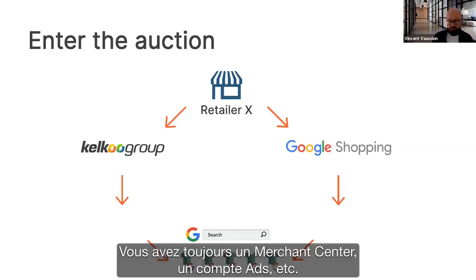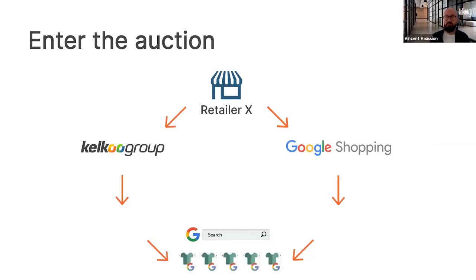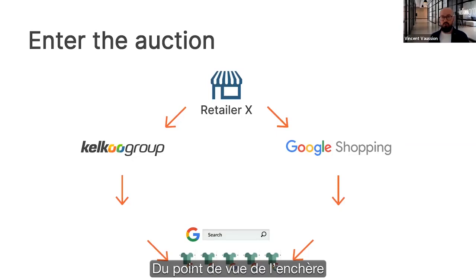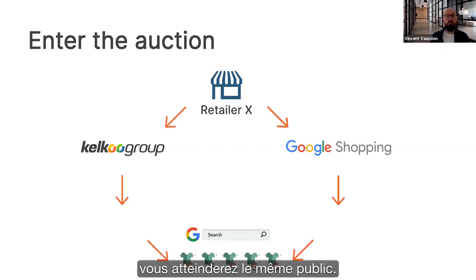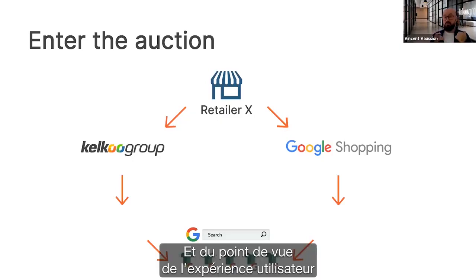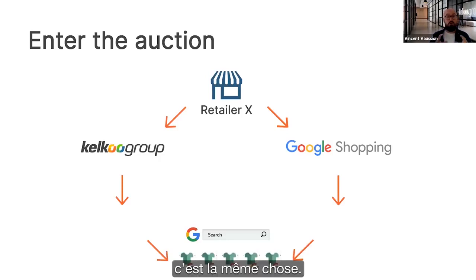You still have, as was mentioned before, a merchant center, ads account, etc. From an auction point of view, you are reaching exactly the same auctions. From an audience point of view, you are reaching the same audience as well. And from a user experience point of view, as Fabien was mentioning briefly, it's the same.